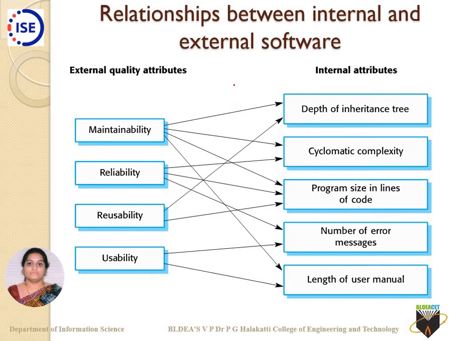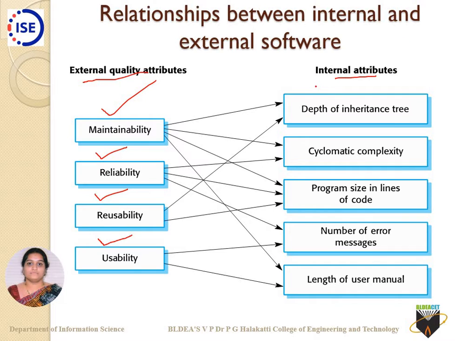As I said just now, there are two kinds of attributes: external and internal. Speaking of external quality attributes, a few are considered: maintainability, reliability, reusability, and usability.